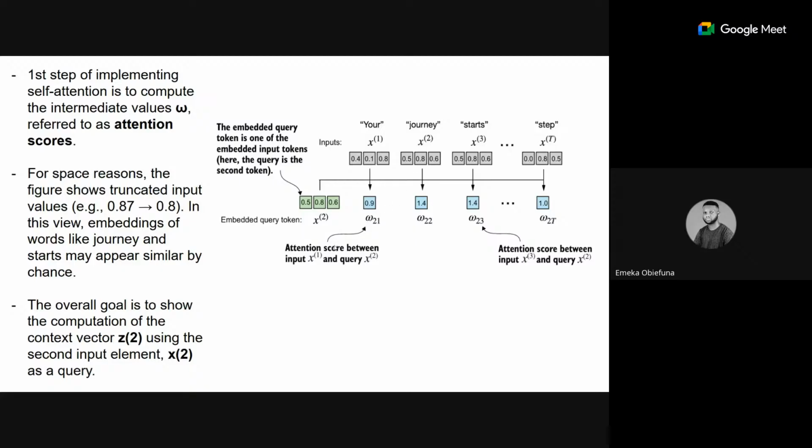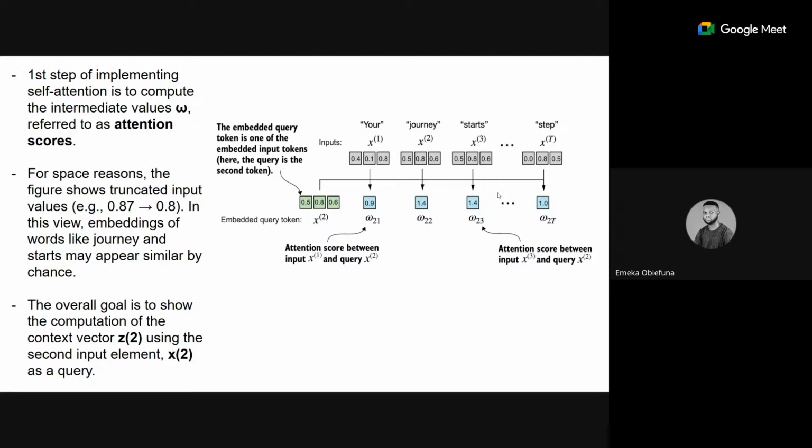So this just points to the attention score between X1 and our query, which is X2. That's the relationship between this guy and this guy that's going to give you this attention score that you have here. This one is the relationship between your embedded query token with itself, because they are exactly the same. For the third one, you are also going to compute the attention score between the third input, which is this guy, and the query token that we are interested in, which is going to give you this attention score that we have here.